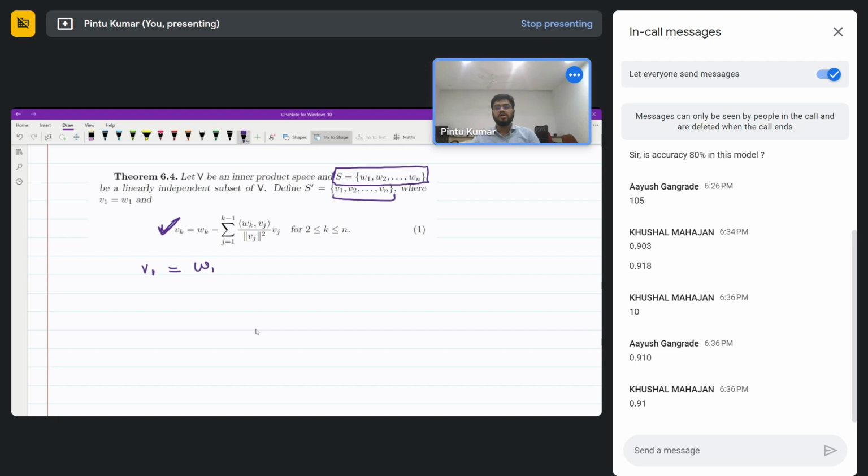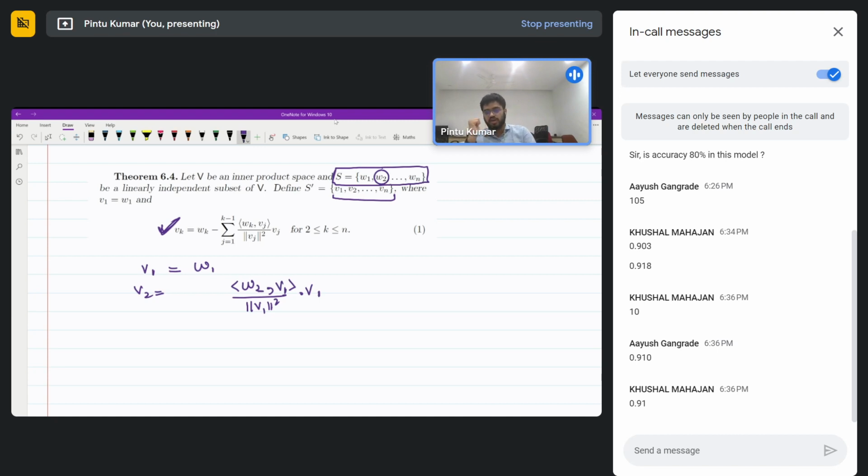For the second one, you take the projection of your w2 vector in the direction of v1. So this is the projection of w2 in the direction of v1.